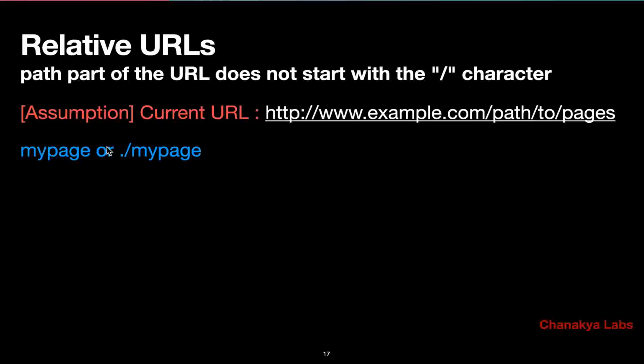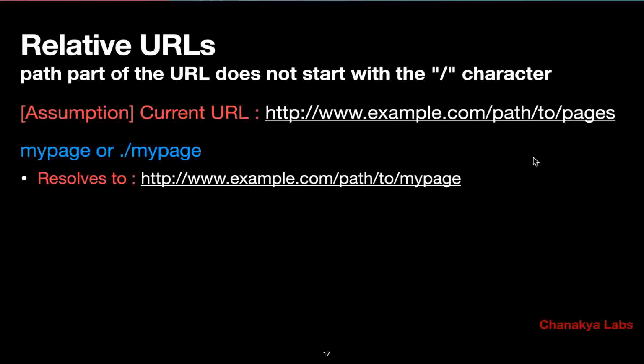If you resolve something like this from here, it will be relative to the current folder, which means relative to the to folder. So the resolved URL will be something like /path/to/mypage. Fair enough?